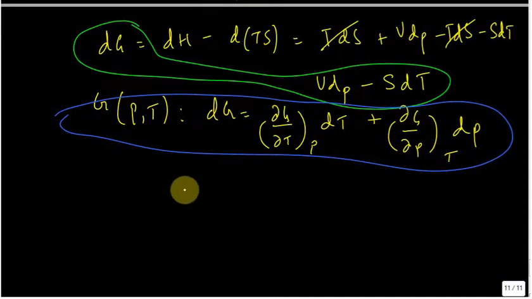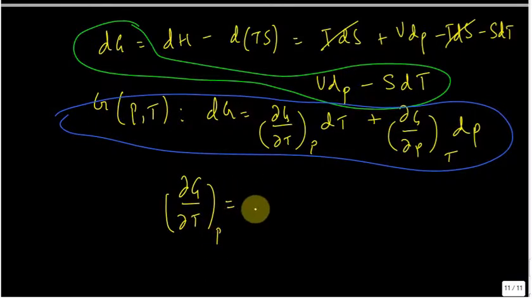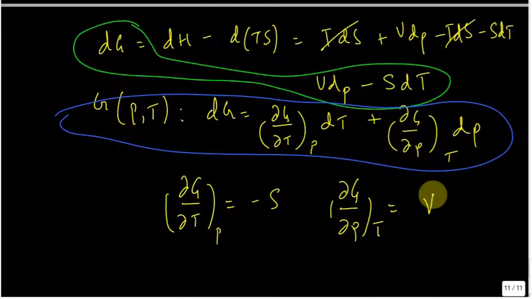So what do we get? Minus S is equal to del G/del T at constant pressure, and del G/del P at constant temperature is equal to volume.